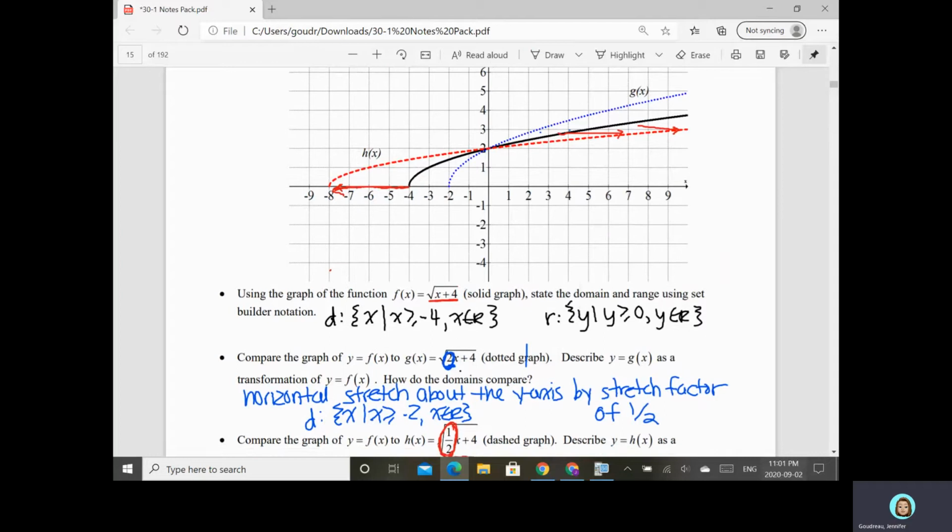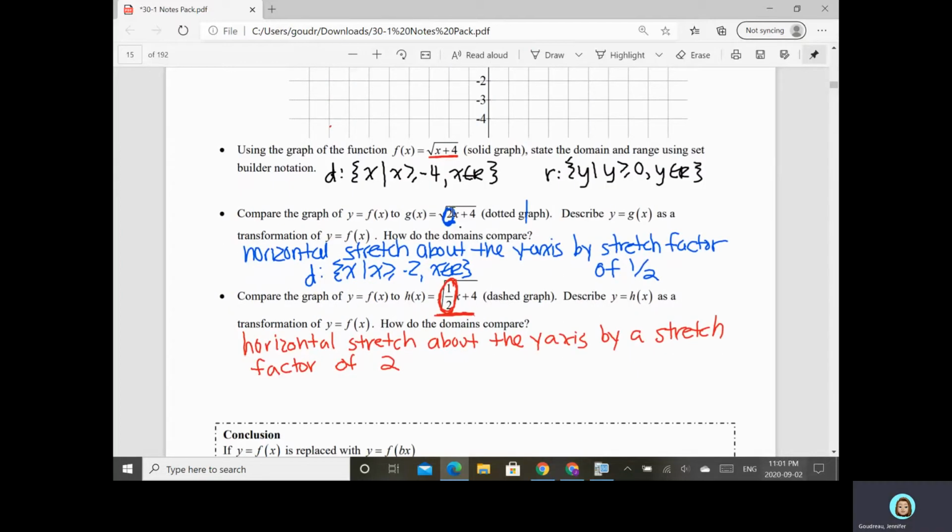Now, we should notice a pattern there. When our coefficient was 2, our stretch factor is 1/2. When our coefficient was 1/2, our stretch factor is 2. So we need to be very, very aware that when we are looking at a horizontal stretch, the stretch factor is the reciprocal of the B value.